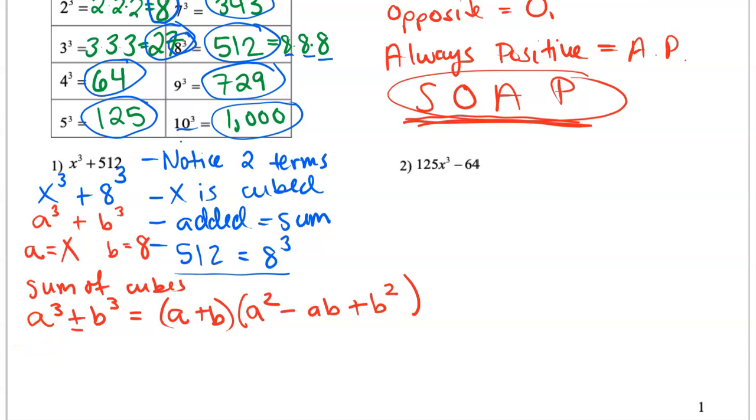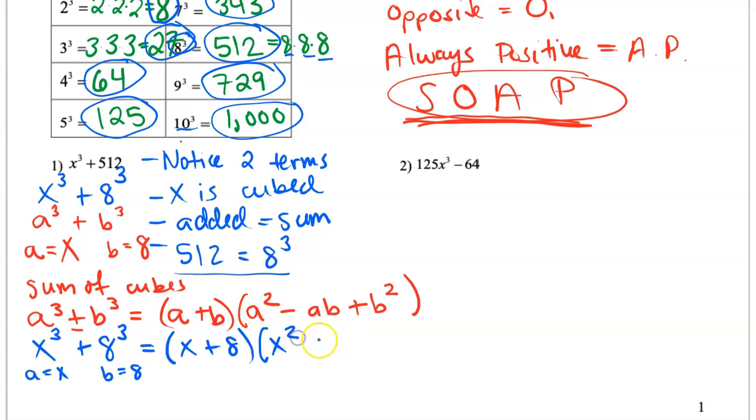Now in this scenario though, it's not a cubed, it's x cubed, and it's not b cubed, it's 8 cubed. So remember, the a here is x, and the b here is 8. Okay, so x cubed plus 8 cubed would be a plus b, or x plus 8. Same sign. And then x squared, and then opposite sign, and then a times b, so x times 8, although we'll probably write it as 8x.